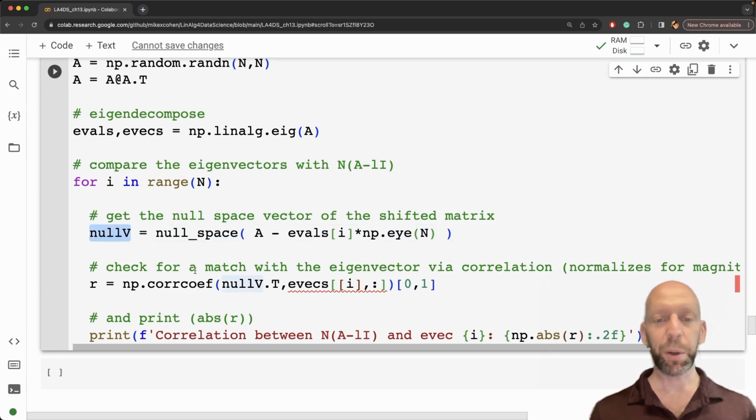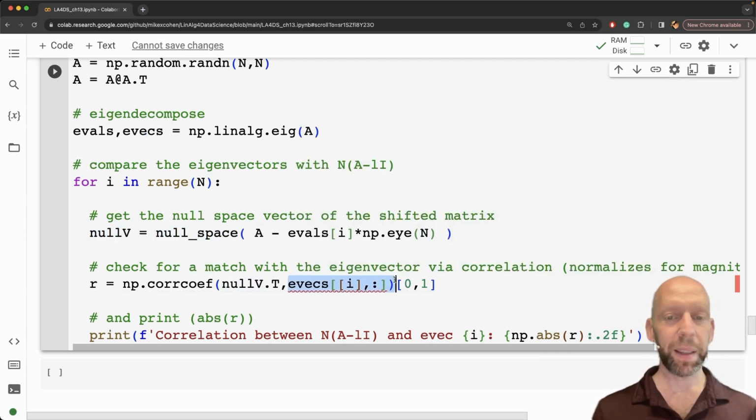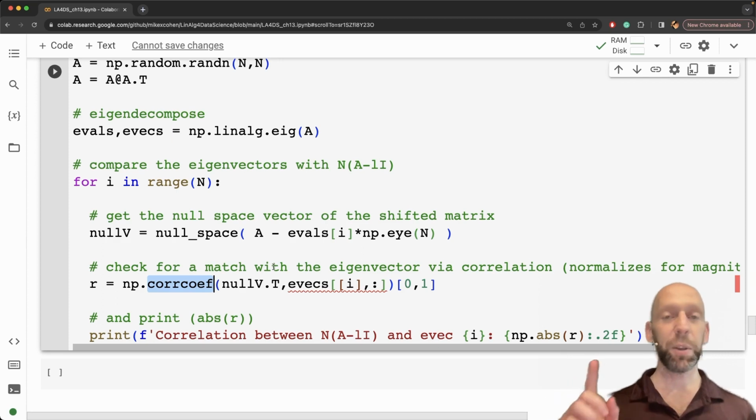And the way that I chose to compute a match between this null space vector and the eigenvector is to compute the correlation coefficient. The reason why I did that is because the correlation coefficient is mean-centered and variance or vector norm normalized.